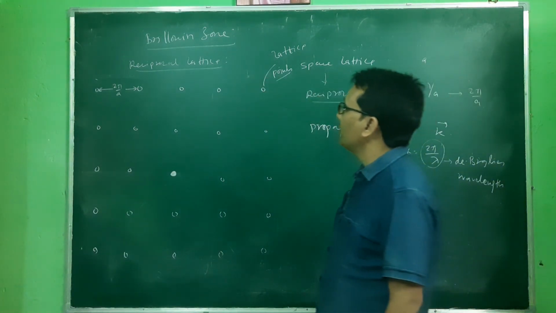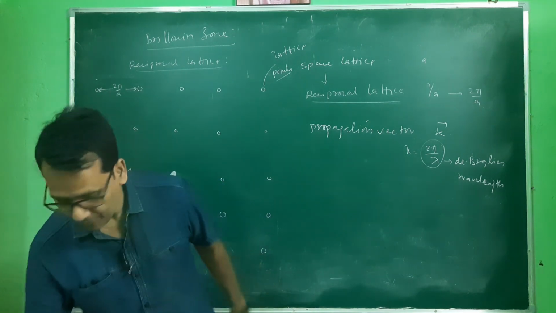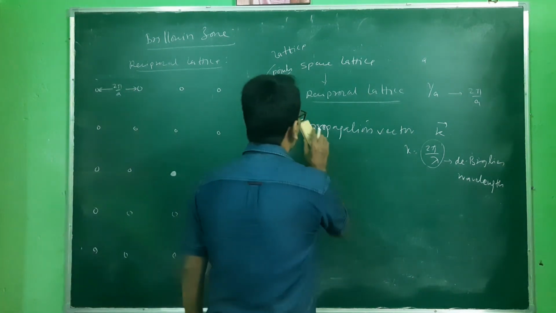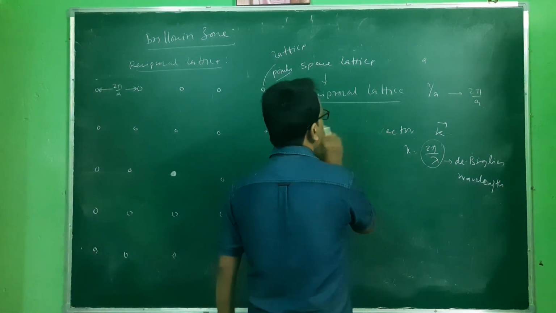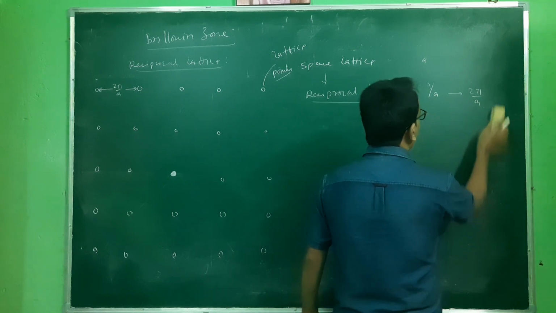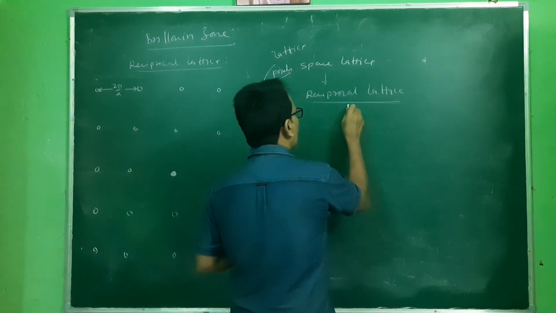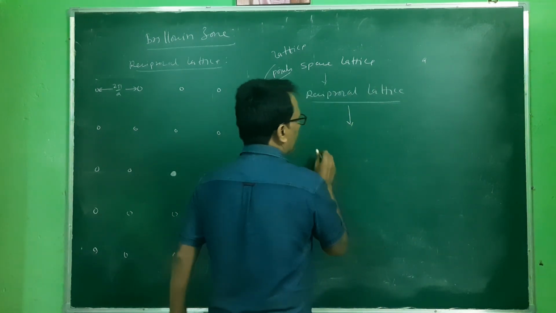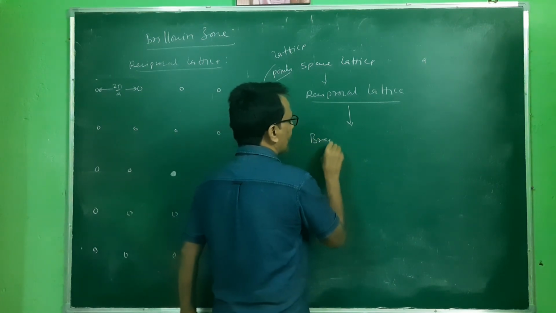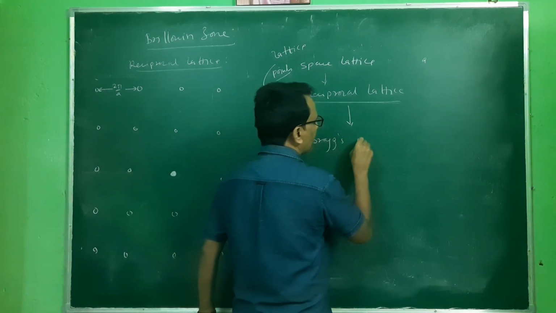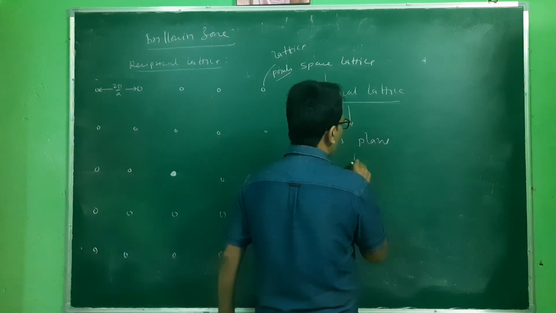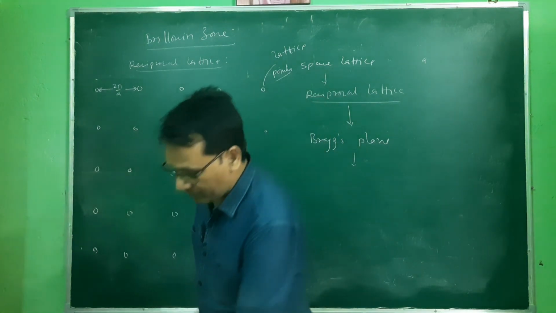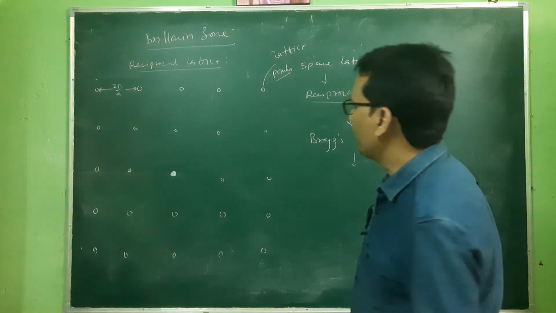So first, in order to draw the Brillouin zone, we take the reciprocal lattice space, and then we try to get Bragg planes. So we take the Bragg planes in this periodic arrangement.